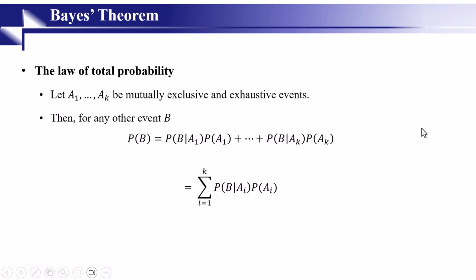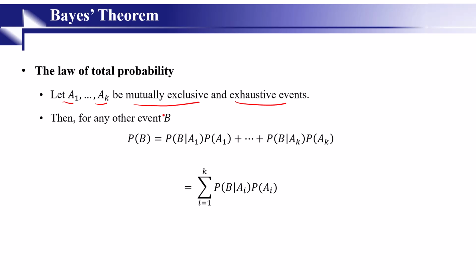Next up is the law of total probability, a stepping stone to Bayes theorem. Imagine events like A1, A2, A3 to AK that cover all possibilities. They are mutually exclusive and exhaustive. What is the meaning of mutually exclusive?